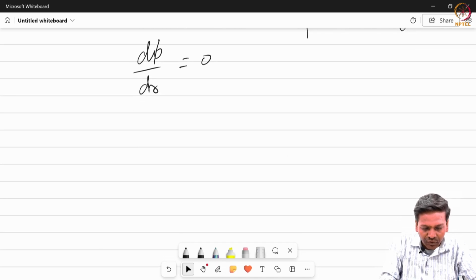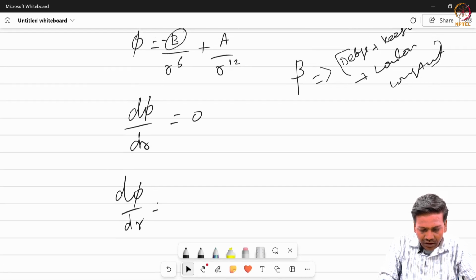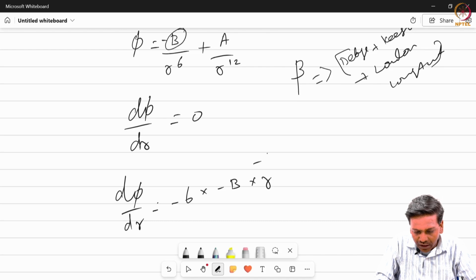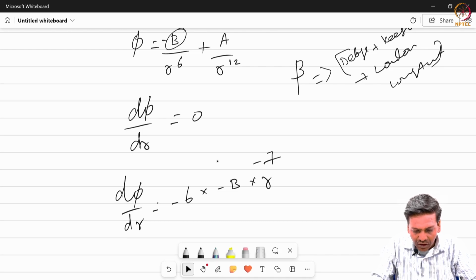Let's look at that. dπ by dr will be simply minus 6 into minus b into r power minus 7, plus minus 12 into a into r power minus 13.